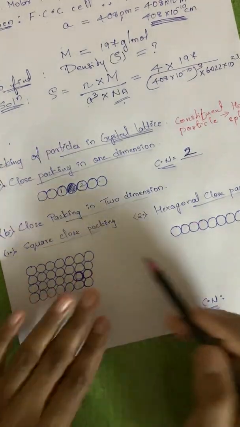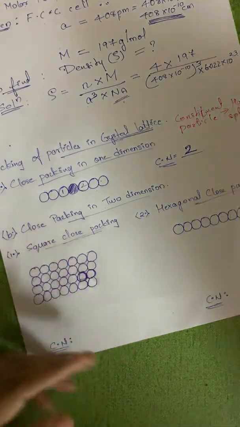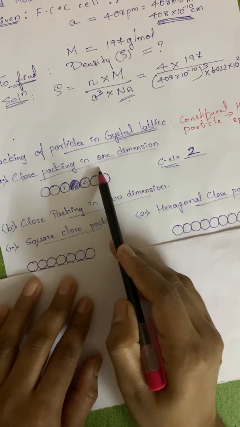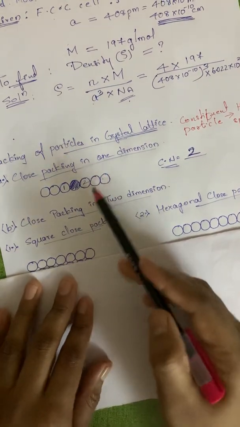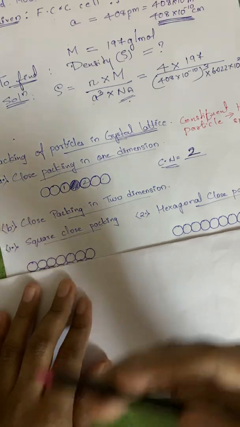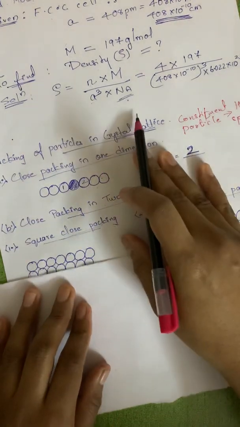If I have taken one row over here, this is nothing but one dimension. This one dimension is kept one above the other, in one order.